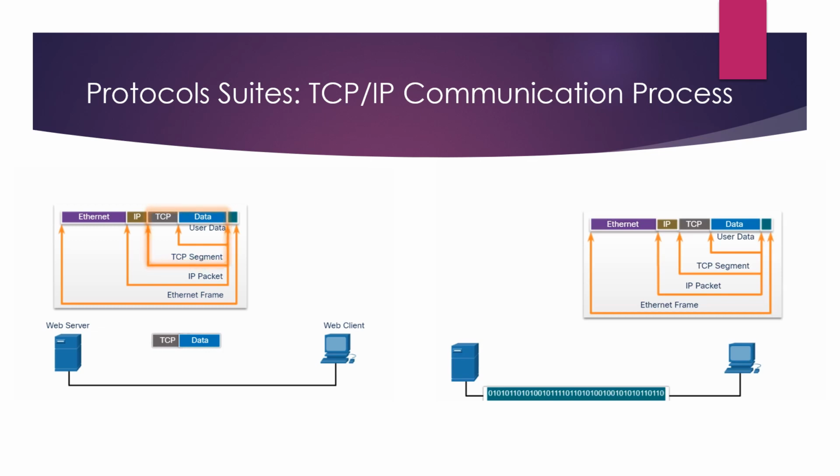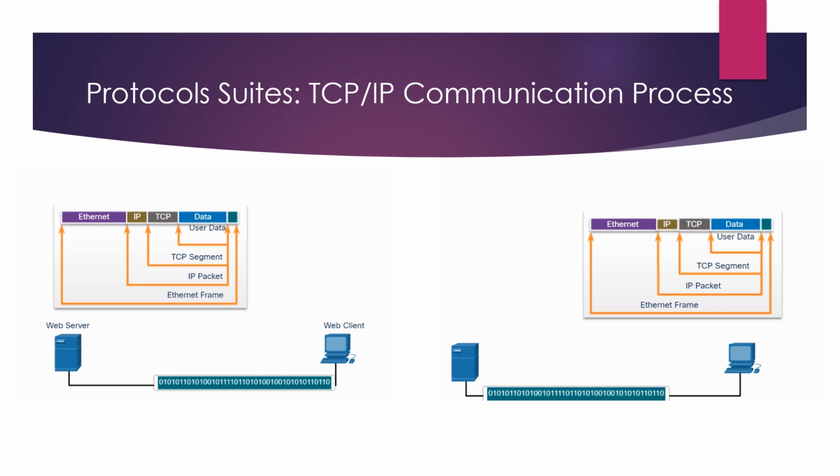We started from the application layer, then went to the transport layer, where we added the TCP header. Then we went to the Internet Protocol layer, where we added the IP address. Then at the Ethernet layer, it is transferred into a signal, in bits, which goes to the client.